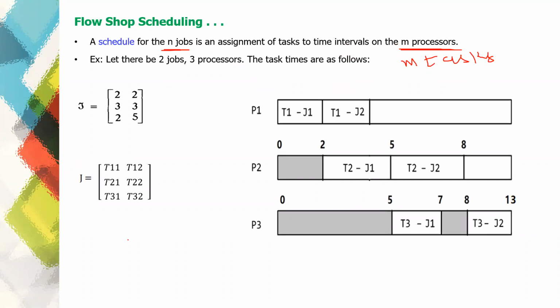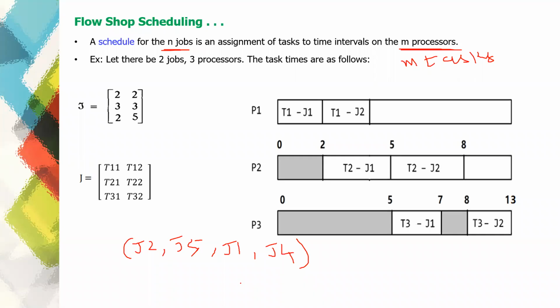After scheduling, your schedule will look like this. Job number 2 is executed first, then job number 5 may be executed, then job 1 may be executed, then job 4 may be executed, and so on. If I write it like this, it is called a schedule.